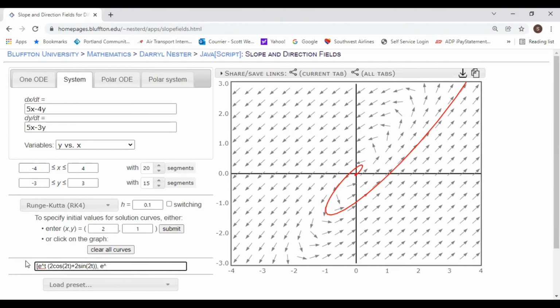So again e to the t times, in parentheses, cosine 2t plus 3 sine 2t.